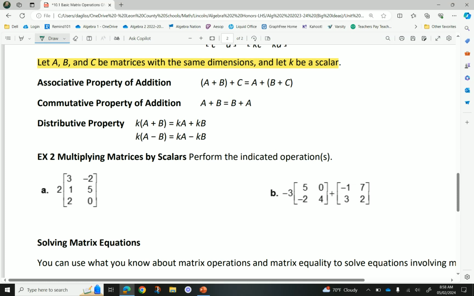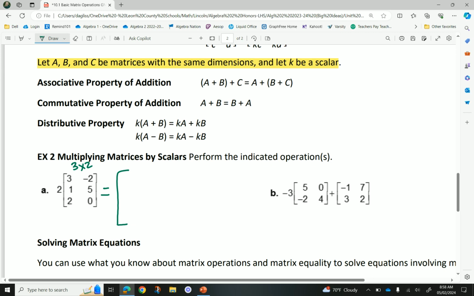So, we got this. I have 2 times the matrix 3, -2, 1, 5, and 2, 0. All right? Aiden, what you got for me? What's the first column? Just multiply each piece by 2. So like the dimension, this is going to be a 3 by 2. So I want you to actually multiply.